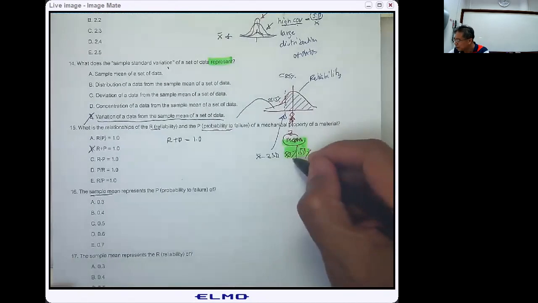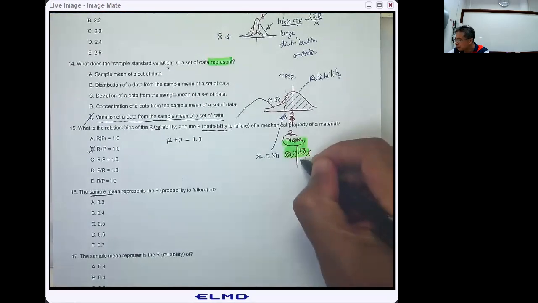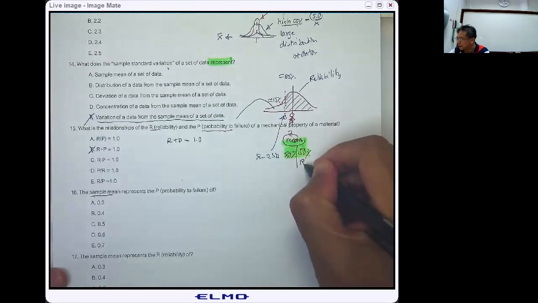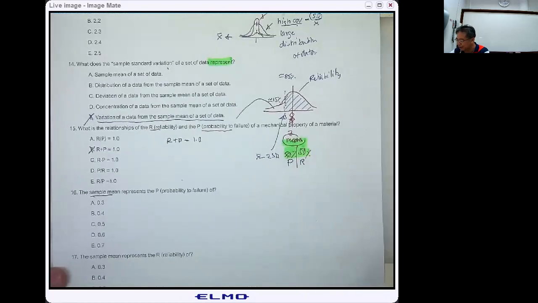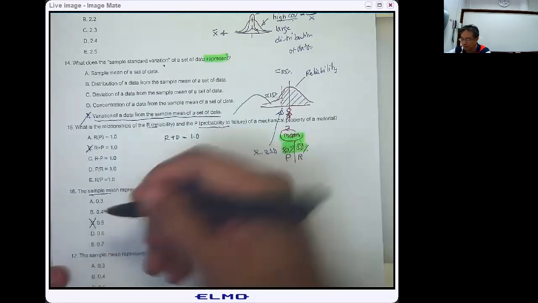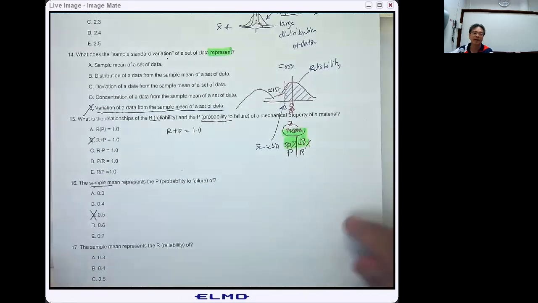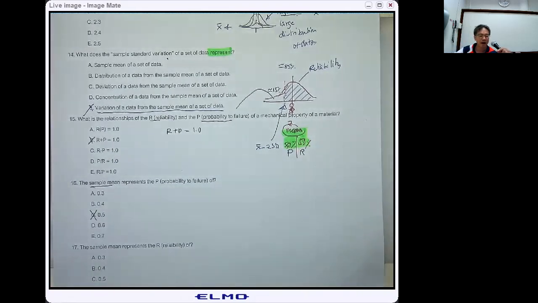That is 50% reliability and 50% probability of failure. So the sample mean represents the probability of failure of 0.5. Okay, 0.5. Let me accept the phone.